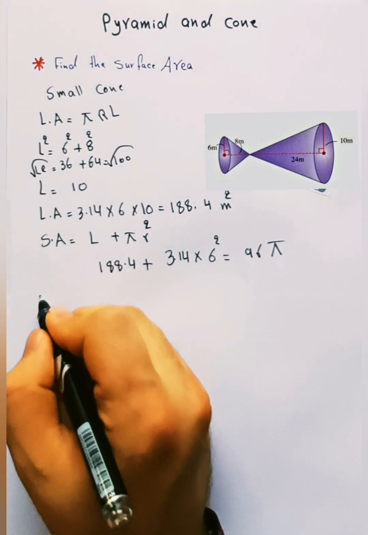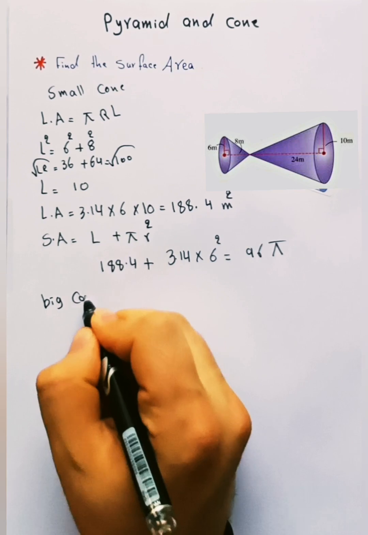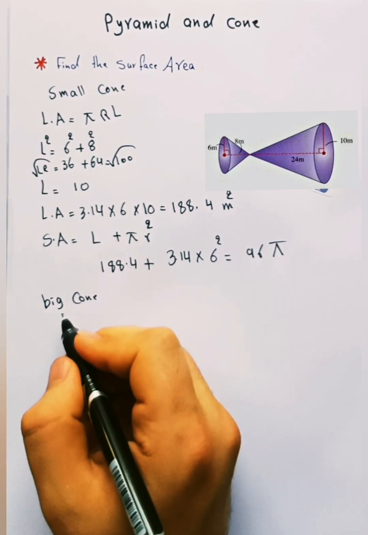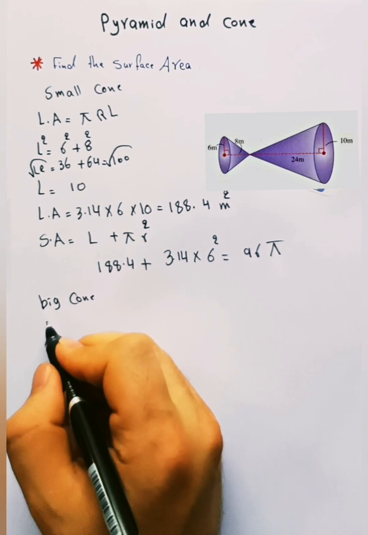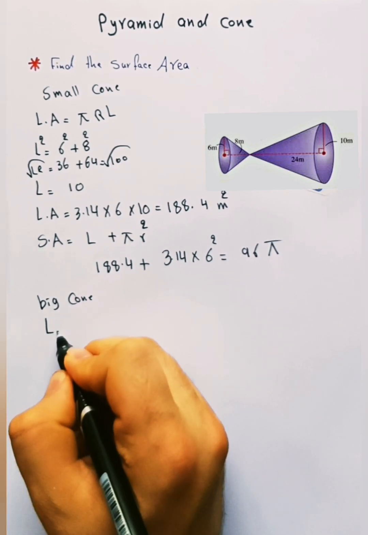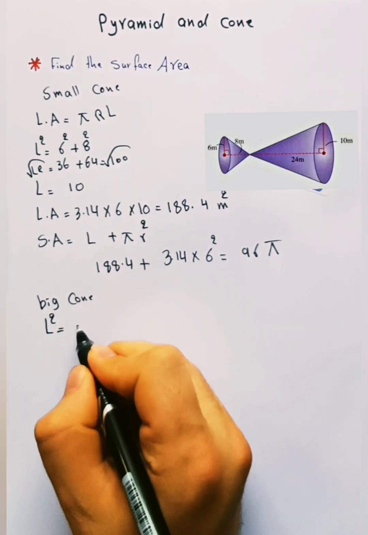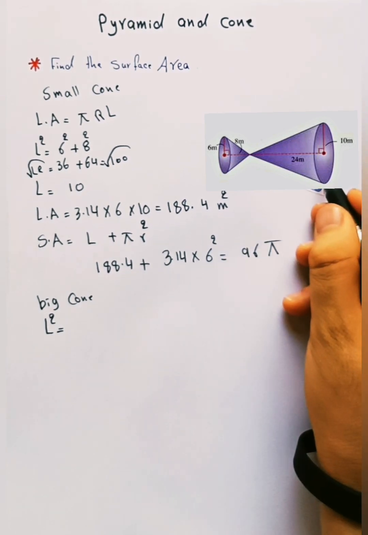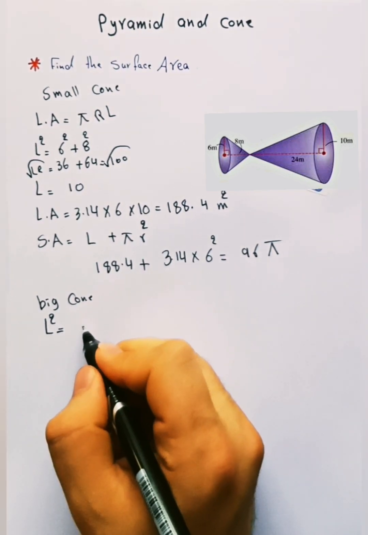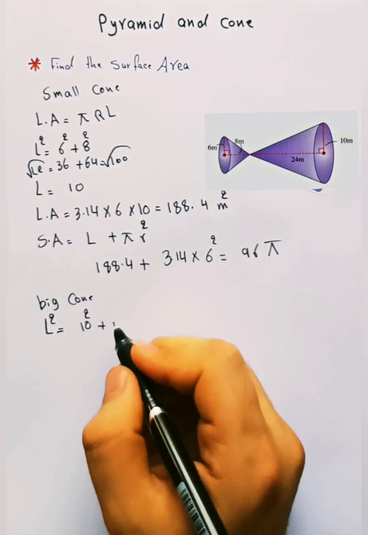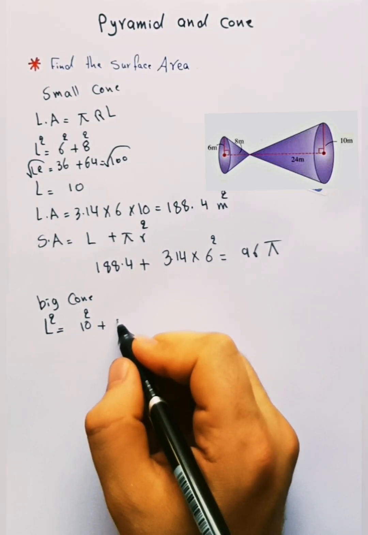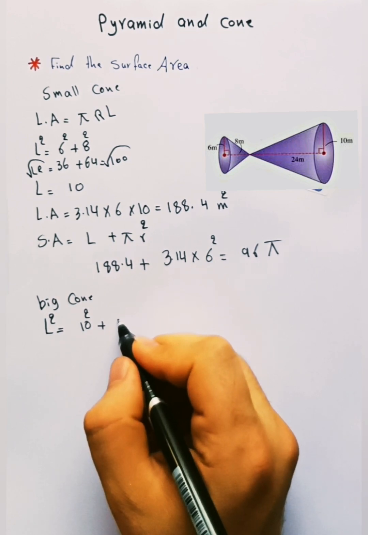After that, for the big cone, first you have to find the slant height. So L squared is equal to the short leg squared, 10 squared, plus the long leg squared. The long leg is 24.